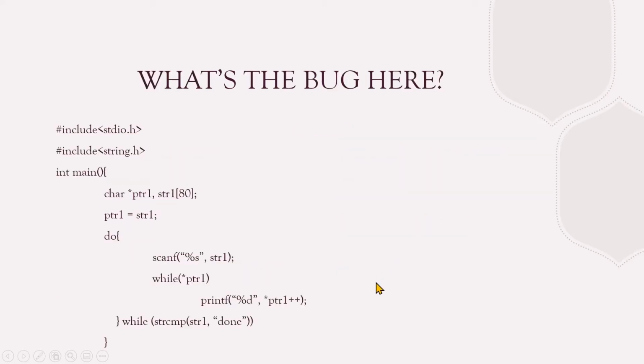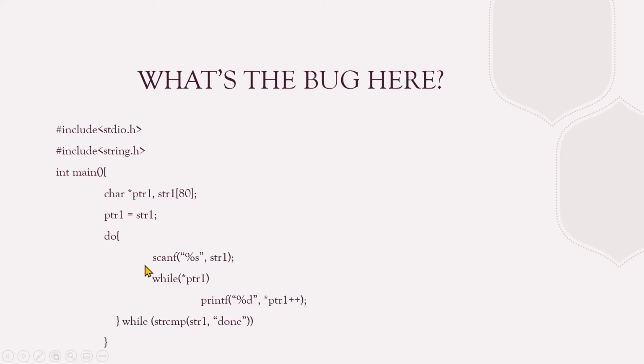What's the bug here? If we go through the code, char *ptr1, str1[80], that's fine. Within the do while loop, we are asking the user for the input while value at ptr1 not equal to null, printf %d, and then of course we are incrementing ptr1.